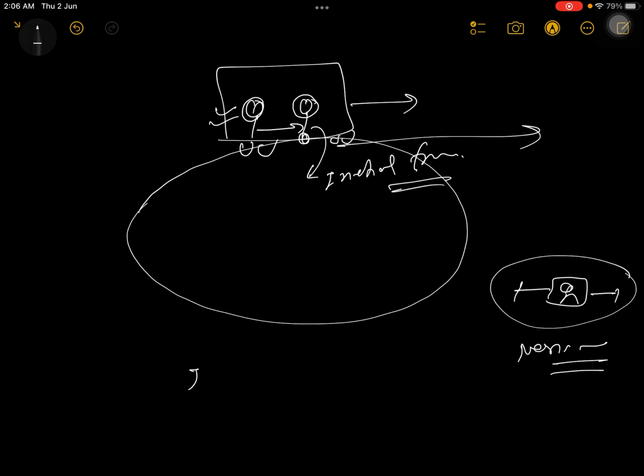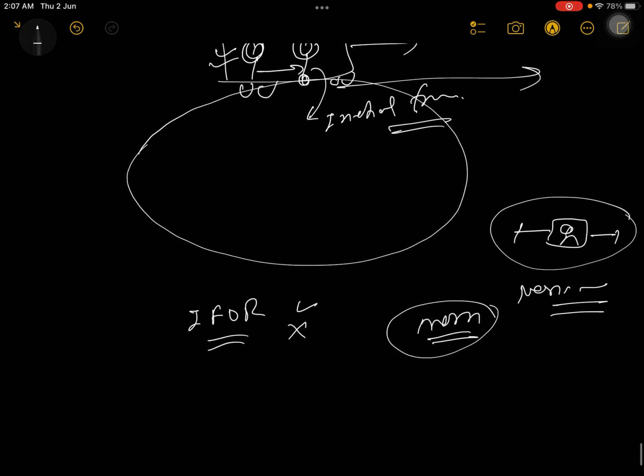With respect to an inertial frame of reference also, you can decide your motion; motion can be there or motion cannot be there. With respect to a non-inertial frame of reference, when you decide the motion, definitely motion will be there, because your frame of reference will be accelerating with non-uniform velocity, meaning velocity will not be constant.